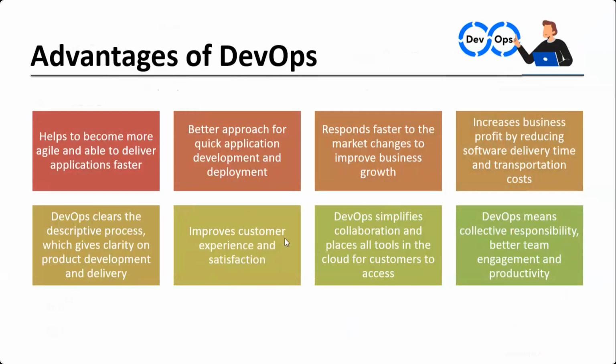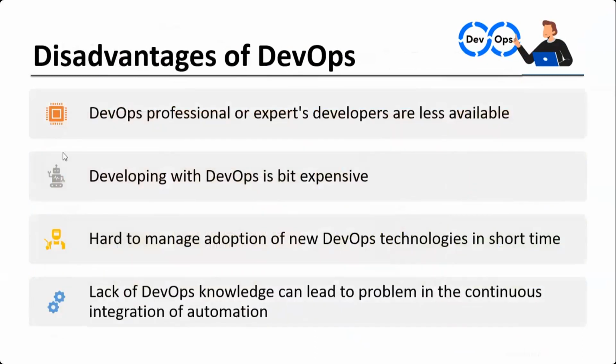Okay, so these are the advantages of DevOps. Okay, but then we look at some of the disadvantages of DevOps. Okay, we know that DevOps offers significant benefits. Okay, but adoption is not without challenges. So in terms of skilled professionals, high implementation costs, difficulty in quickly adopting new technologies, definitely.